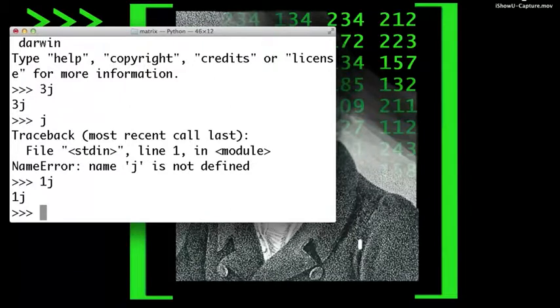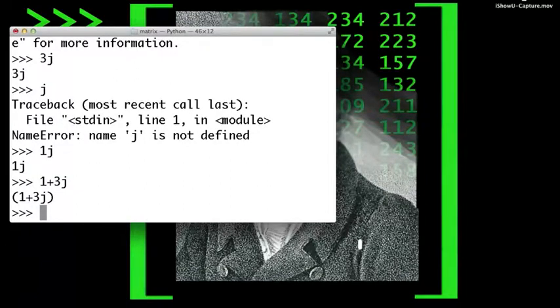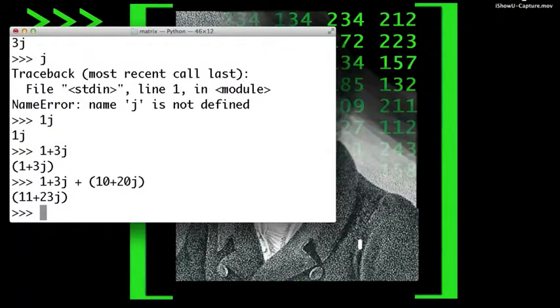Now, we can use the usual arithmetic operations, such as plus, minus, times, and divide. And they work pretty much as you'd expect. Note that adding two complex numbers means separately adding their real parts and their imaginary parts.